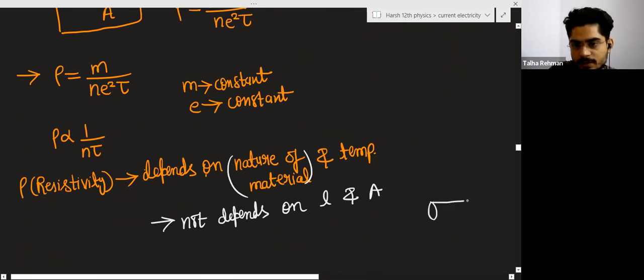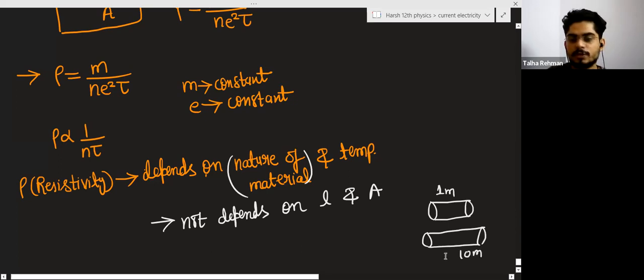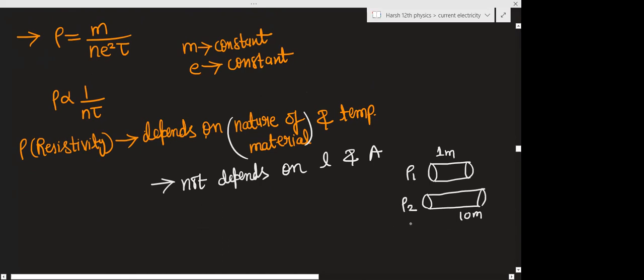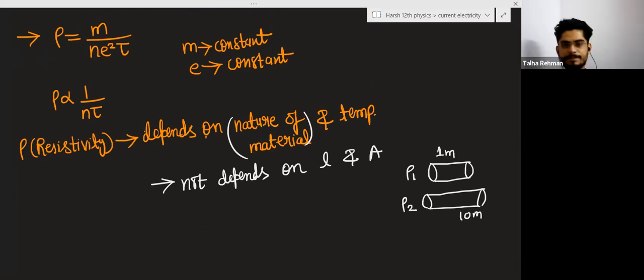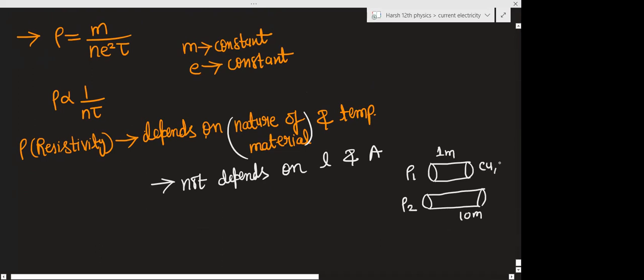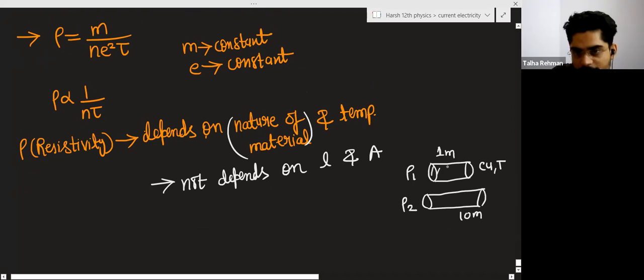Suppose you have a copper wire of length 1 meter, and again a copper wire of length 10 meters. If rho1 is the resistivity of the first and rho2 is the resistivity of the second, what is the relation between rho1 and rho2, given that both are copper and the temperature is not changing?